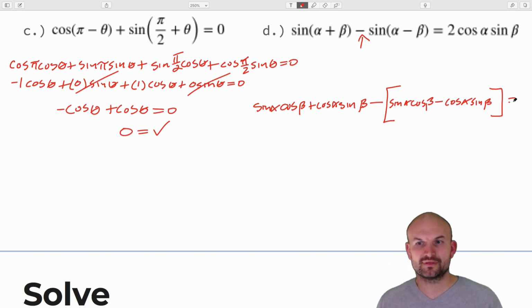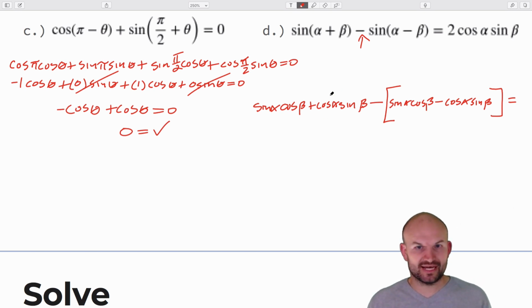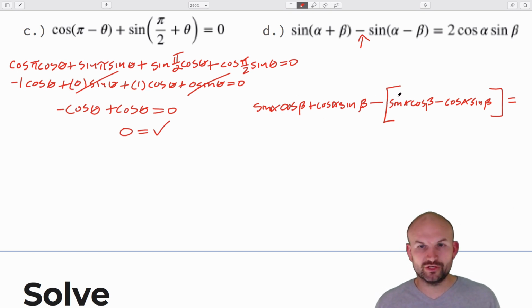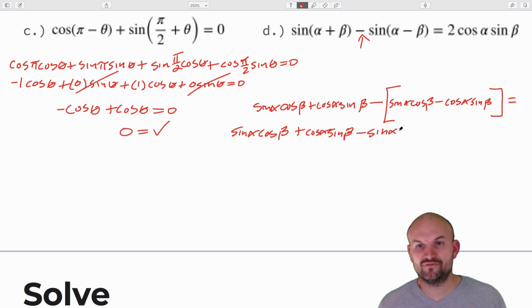Now when you go ahead and subtract these, hopefully you recognize that when you distribute this, and actually I'll just write this out, sine of alpha cosine of beta plus cosine of alpha sine of beta, distribute that negative to the sine of alpha cosine of beta plus cosine of alpha sine of beta.